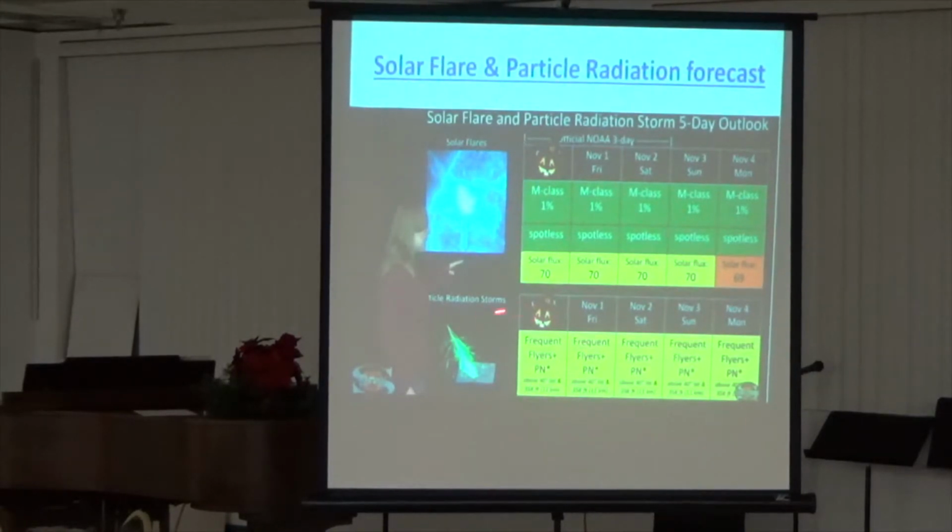So this is helpful. Now this bottom part here is the particle radiation, or what they call particle radiation storms. That's the particles I talked about before, which can be dangerous. And dangerous to frequent flyers, especially airline crews, flying in high latitudes.